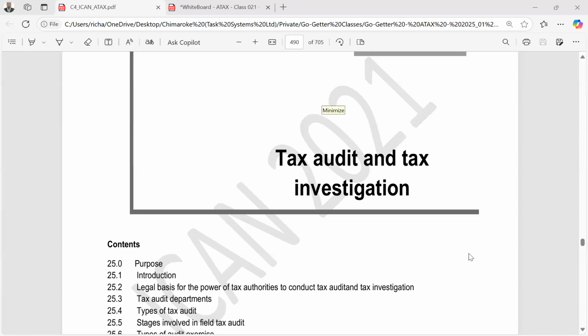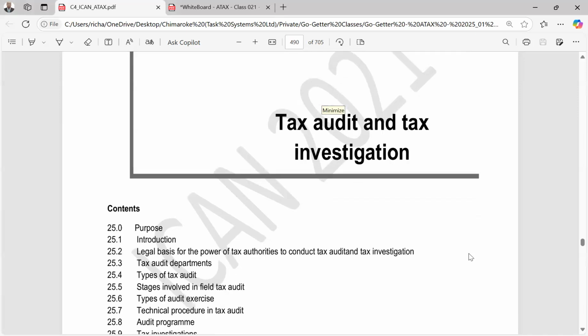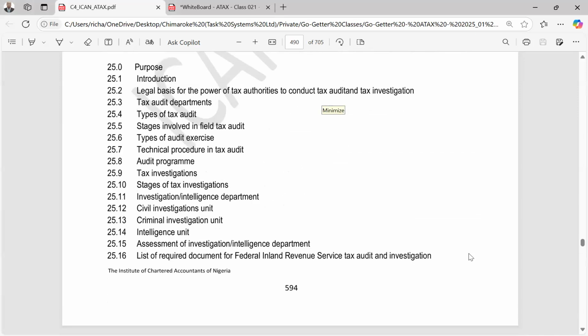Now, what do we stand to gain from this topic? One, we are going to see the purpose of tax audit and investigation. We will see types of tax audits. We'll also dwell on stages involved in tax audits.